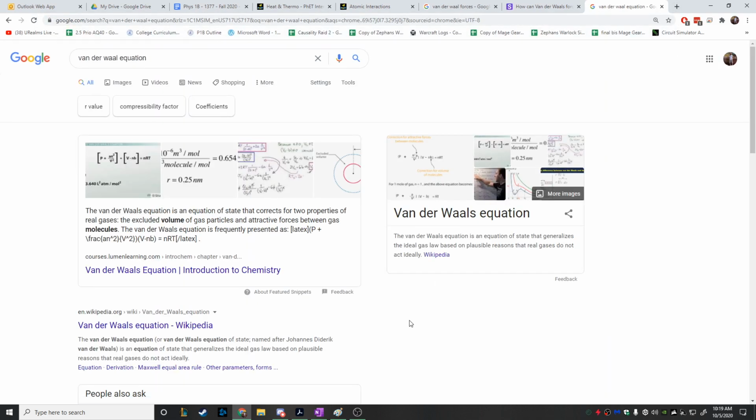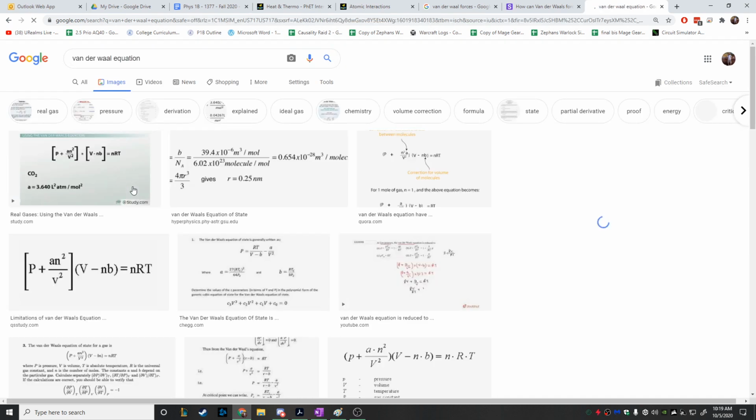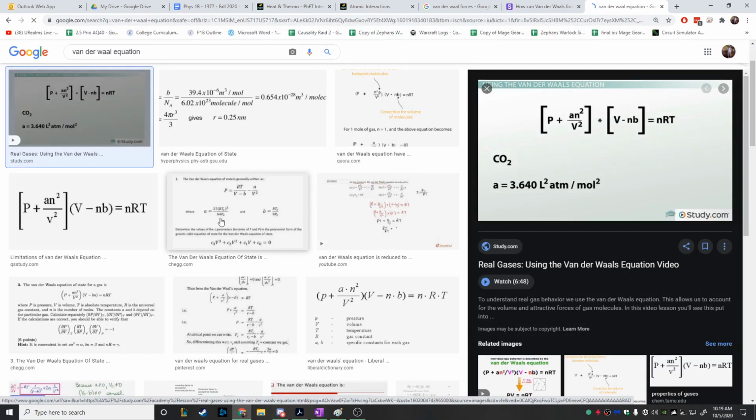Let's see if we can look up some values of these A's. There's the same equation right there. What's a value for A? How do I find something like that? Well, here's a value for A for CO2. Looks like it's a positive number.